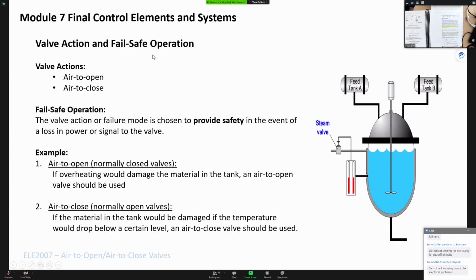Valve action and the fail-safe operation. Some of the valves are air to open, some of them are air to close.